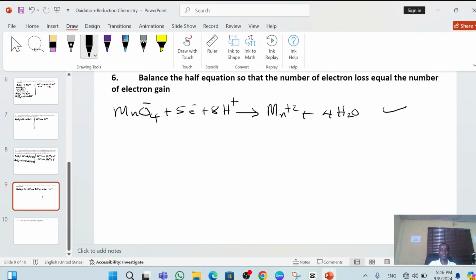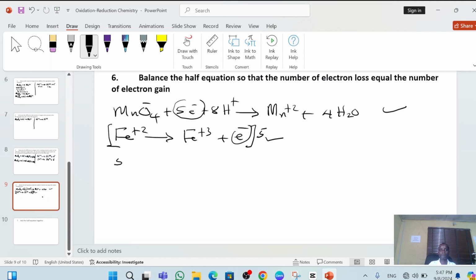And then let's look at the oxidation side. We have iron 2 plus to iron 3 plus plus 1 electron. This is the oxidation side. From here, we have 5 electrons on one side and a single electron here. So we multiply this oxidation side by 5 to balance.